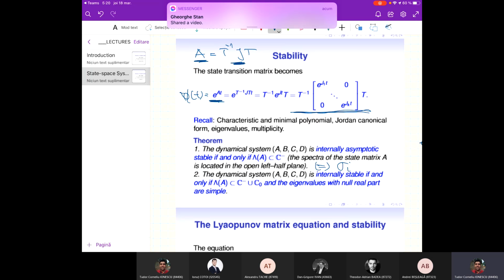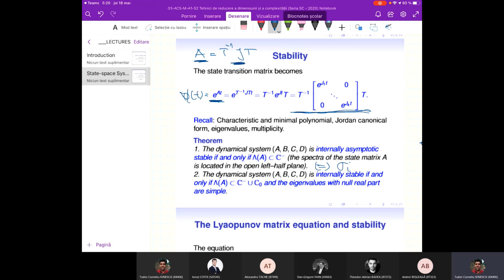Positive, negative, or 0? Negative, exactly. The dynamical system is internally stable if and only if sigma I is less than or equal to 0.